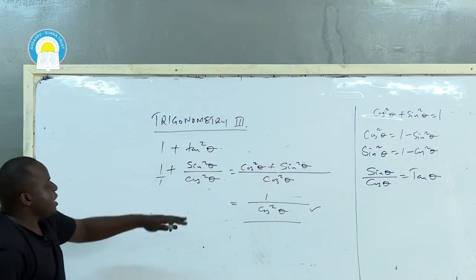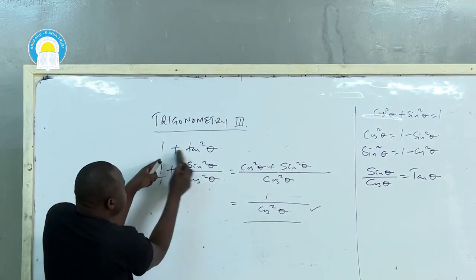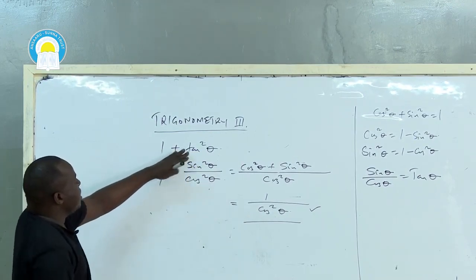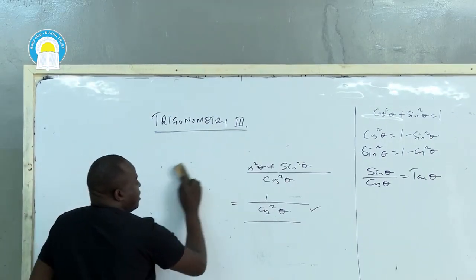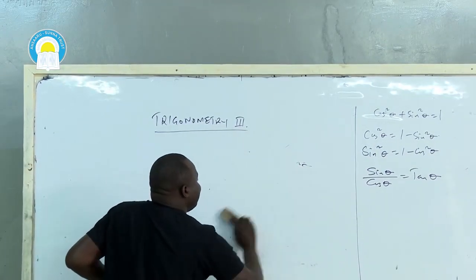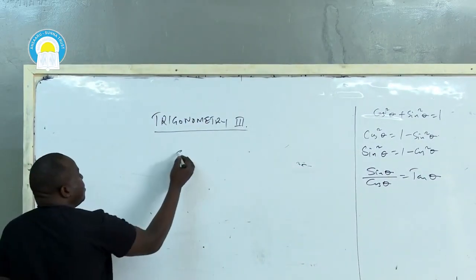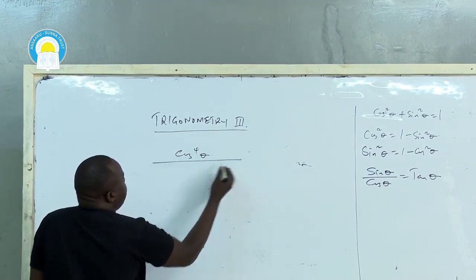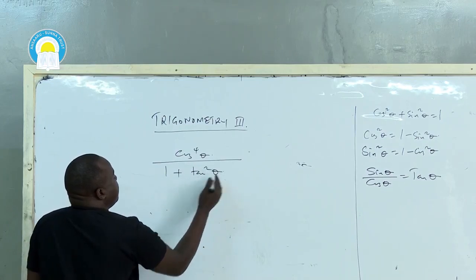Before I show the next example, because I've just explained this, I want to ask you to do something relating to this, but maybe with numbers involved in the numerator and the denominator. So I want you to try in your own free time cos raised to 4 theta over 1 plus tan squared theta.